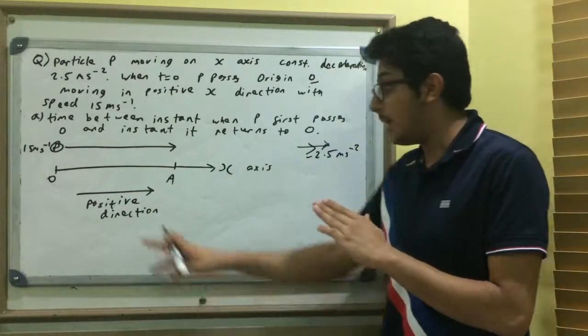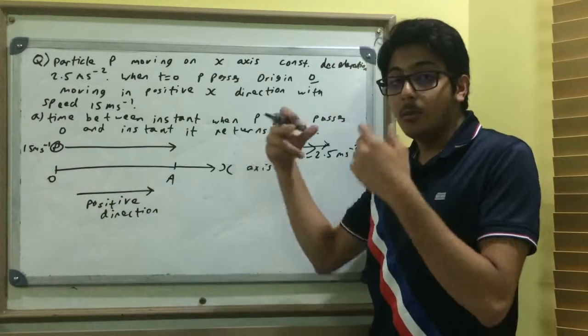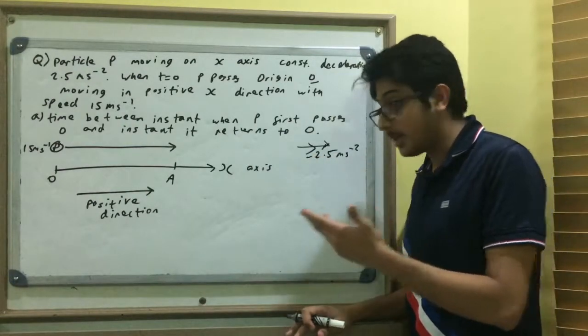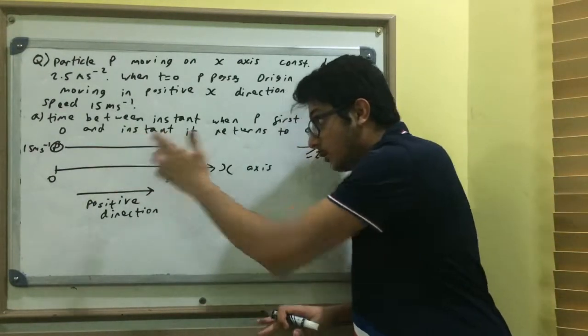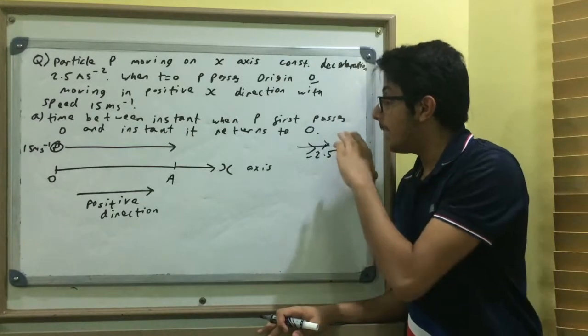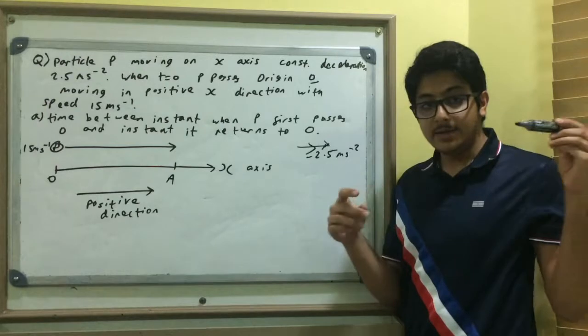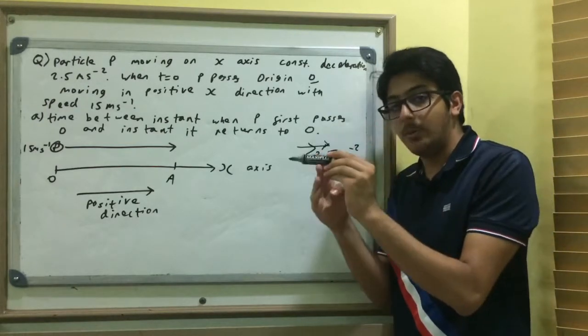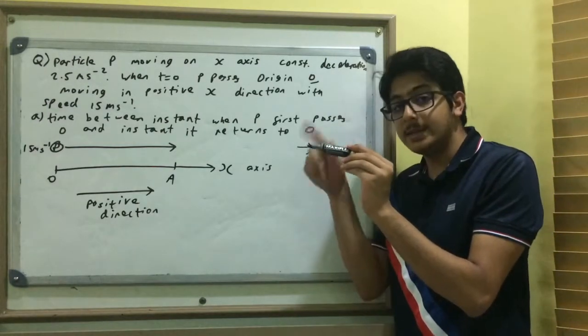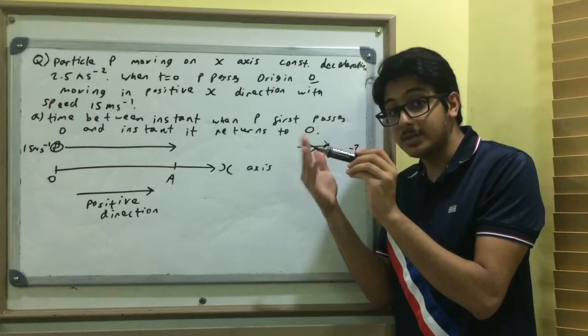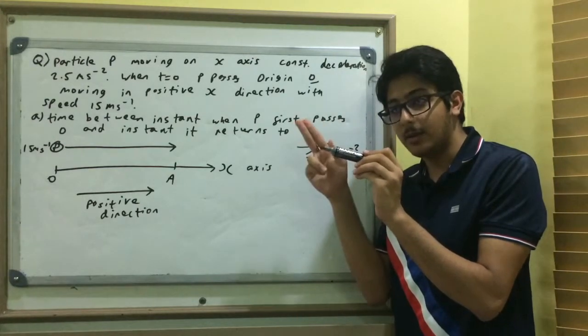Because it's decelerating, the further it moves, the more the velocity will decrease, yeah? You got that? Okay. So it's going to reach a point where it's decelerated so much that it's come to rest, okay? Decelerating, decelerating, decelerating, then stop. And that point is when it has a velocity of 0 meters per second.